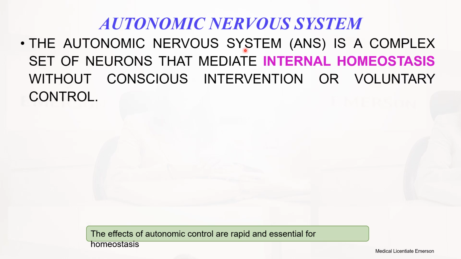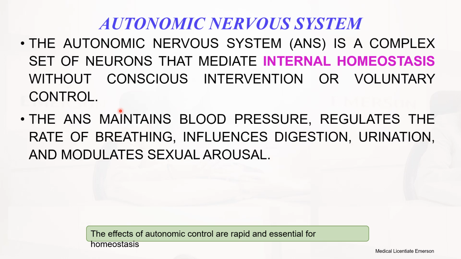So the autonomic nervous system, or ANS, is a complex set of neurons that mediates internal homeostasis. So this one is involuntary. So internal homeostasis without conscious intervention or voluntary control. So you remember we said the somatic is voluntary, whilst the autonomic is involuntary.